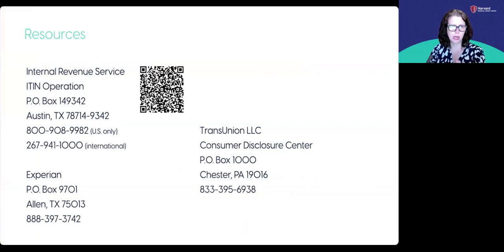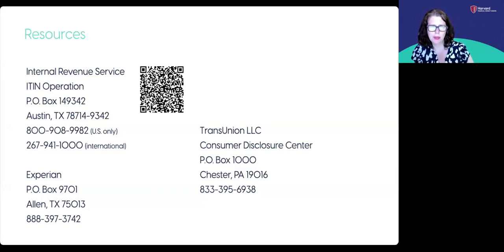Okay, so this is how you would write to the credit bureaus to ask for your credit score and your credit information. The first address is where you're going to write to file for your ITIN. You're going to mail your W-7 there to the IRS ITIN Operations Center in Austin, Texas.